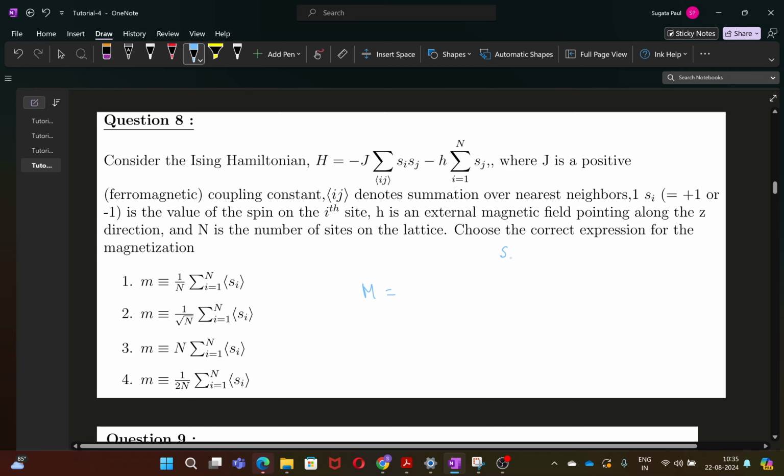So each spin is denoted by Si and can take either plus one or minus one value. You cannot choose both, so you have to take an average of those values.